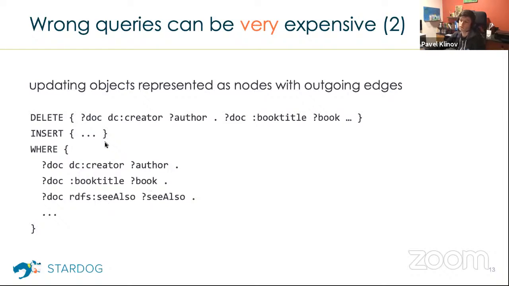And they wanted to update those objects. So they wanted to first delete them from the graph and then write something else instead, which seems like a reasonable thing to do.